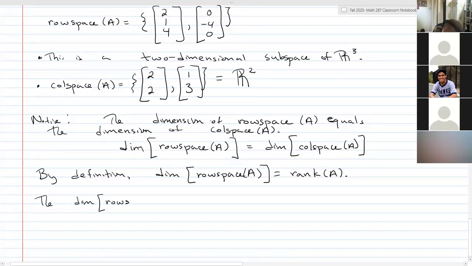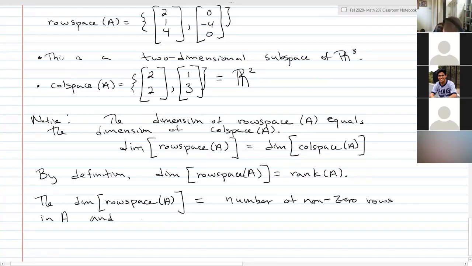Dimension of the row space of A is going to equal the number of non-zero rows in A. And that is the rank of A. So we've got the number of non-zero rows in A, that's the rank of A. Convince yourself that that's the case.